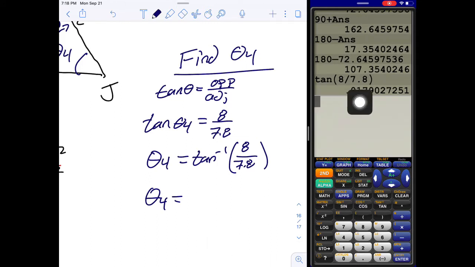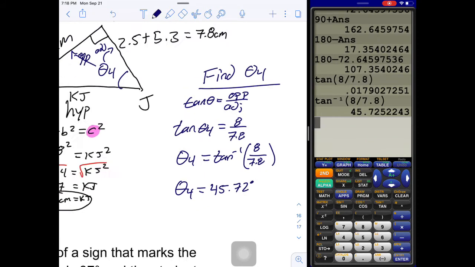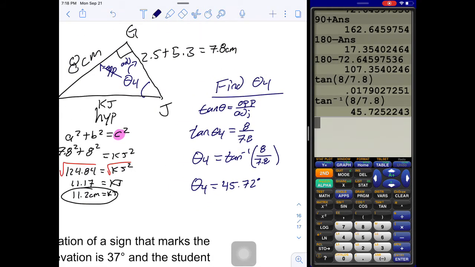Oh, I didn't press second. So I see that's a really ugly number. I should really check back. I never pressed second properly. So second, tan. Now I have my inverse tan, 8 over 7.8. So that gives me 45.72 degrees. So I now have angle 4.